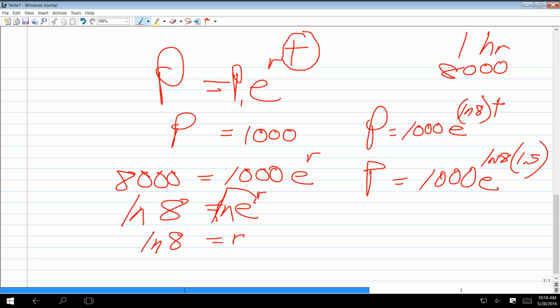Well, there's a letter e on your TI-84. Like the green alpha letter? Yes, like pi. In other words, don't use 2.71. Use the true value of e, or as close as your calculator is going to approximate it, and then raise that to the ln of 8 times 1.5. Make sure all of that's in the exponent.